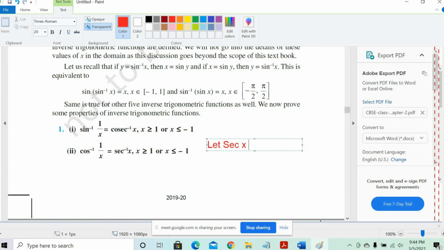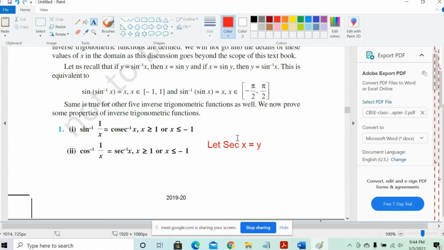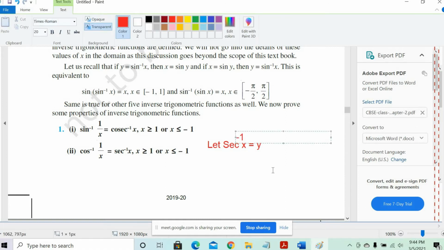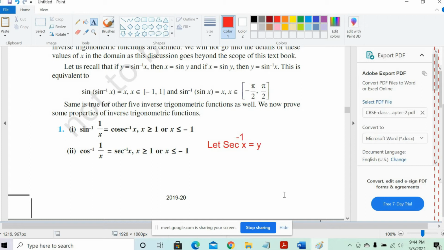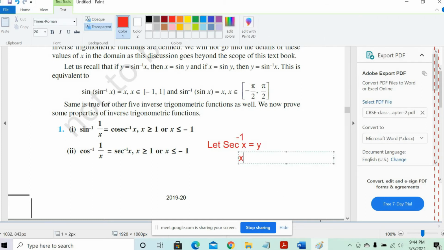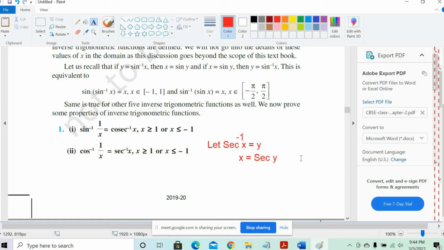Okay. So what I'll do is we'll put let secant inverse x is equal to y. So I'll put here as -1. Secant inverse x is y. Now this can be written as secant inverse when it goes to other side, y side will become the secant y. Correct?